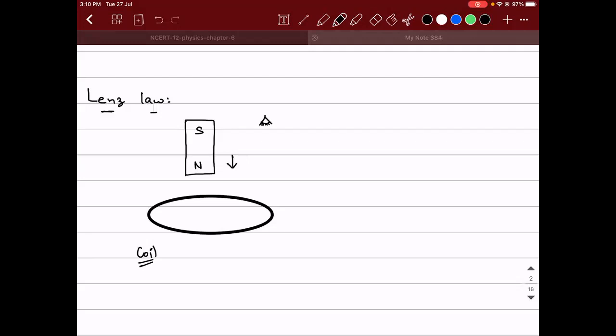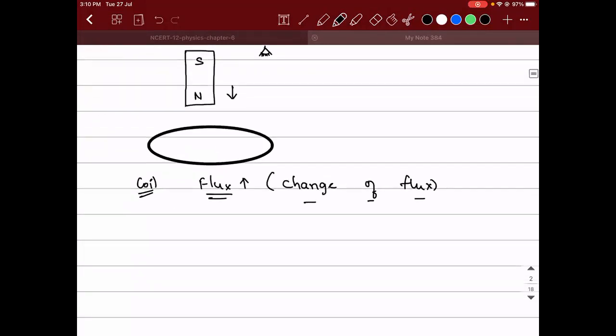When the North Pole is approaching towards the coil, flux is going to increase, right? So magnetic flux will increase. When I say increase or decrease, there is a change of flux. When that happens, can I say EMF is induced? So this is a chain reaction, right?